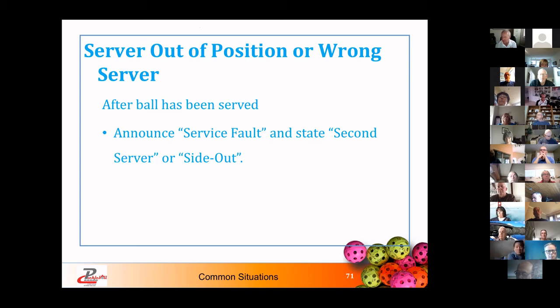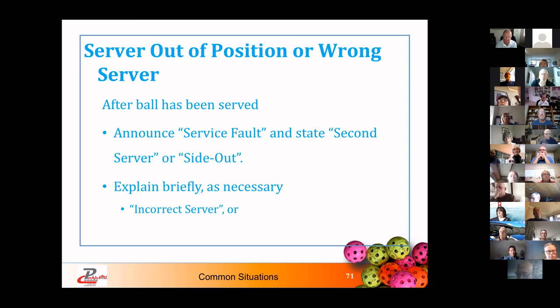Plain as that. And away they go. They know the ball is going to the other side. Explain briefly as necessary. So you would just say wrong server, incorrect server, or wrong court, serving from the wrong court. There we go.